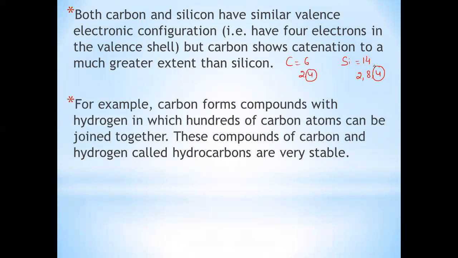For example, carbon forms compounds with hydrogen in which hundreds of carbon atoms can be joined together. The compounds of carbon and hydrogen are known as hydrocarbons, and these compounds are very stable.